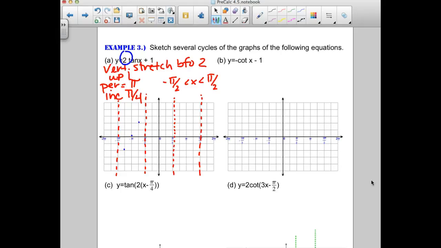And now we're going to shift everything up 1. All right, so we have a dot here, here, and here. Copy those 2 more times, and draw your twist in.